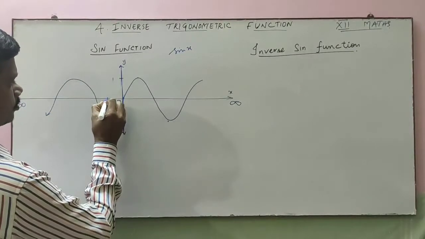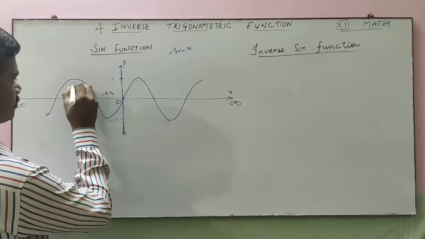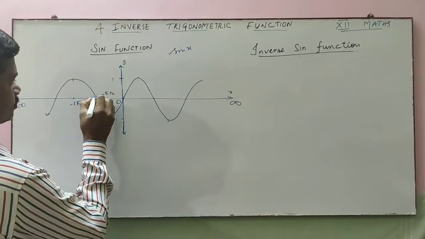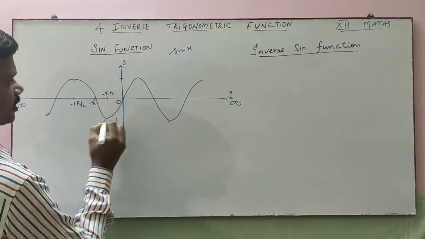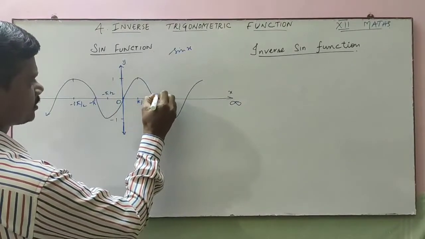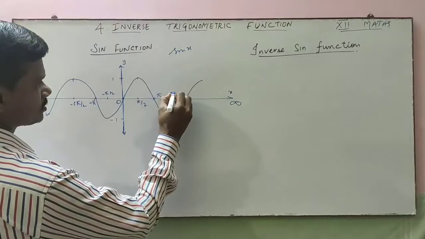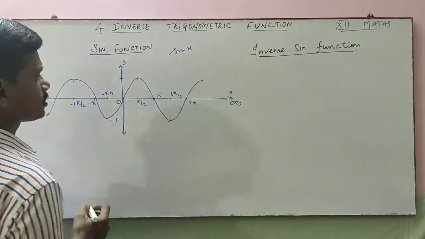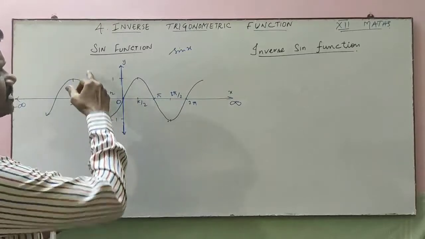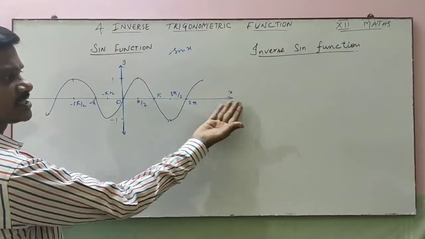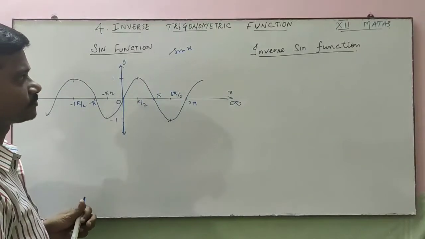Here it is minus pi by 2, here it is minus 3 pi by 2, here it is pi, minus pi, 0, 90, 180, this is 270, and this is 2 pi, and it goes on like this. So this is the graph of the sine function. This tends up to plus infinity and minus infinity.